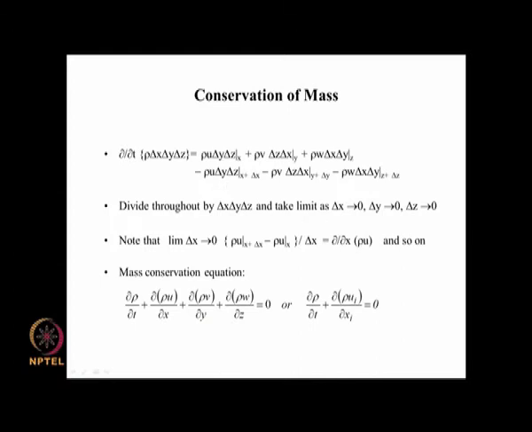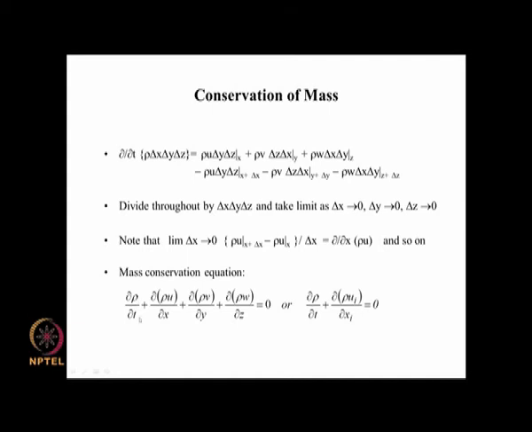These two together give you minus dou by dou x of rho u, these two give you minus dou by dou y of rho v, and these two give you minus dou by dou z of rho w. These are all minus, so you bring them to this side and then you have this form here, which is the conservation of mass.